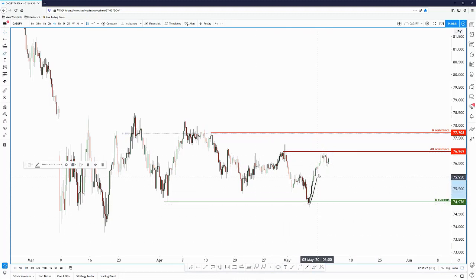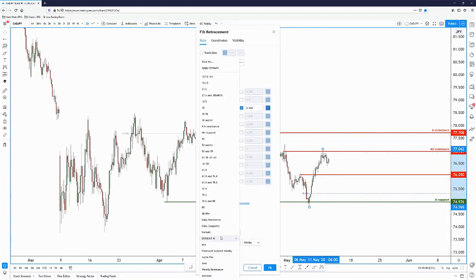Now we see that price made a strong push up. We want to see how far price can come back down, so let's try to find a support. Graphically, we can use this overlap here, but let's confirm it with a Fibonacci retracement. From the swing low to the recent high, we open all Fibonacci ratios.